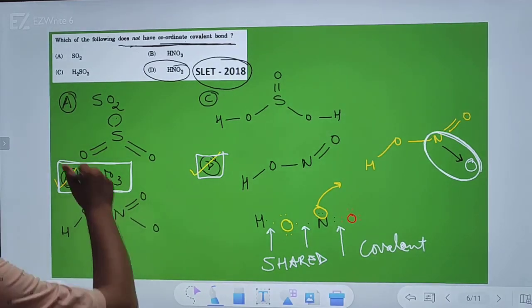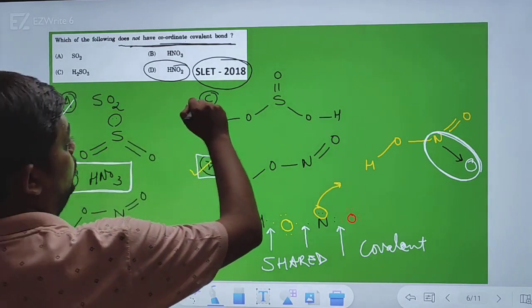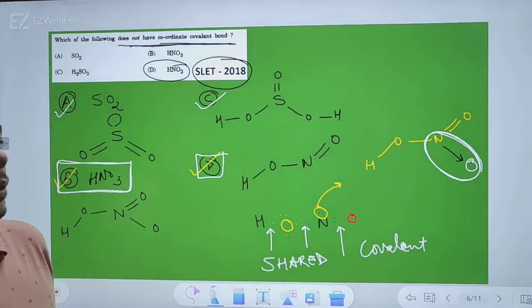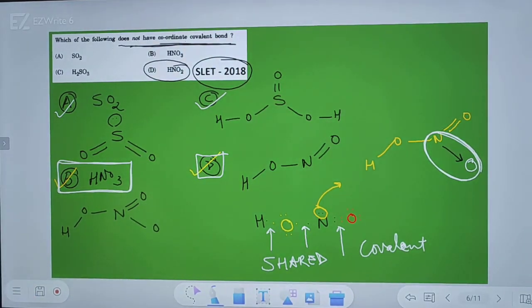Similarly, these two structures, SO2 and H2SO3, also comprise a coordinate covalent bond, but in what manner?